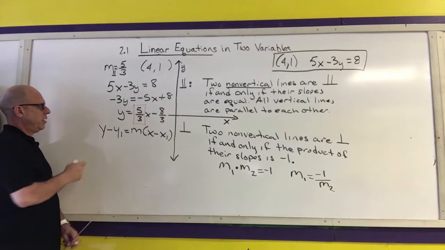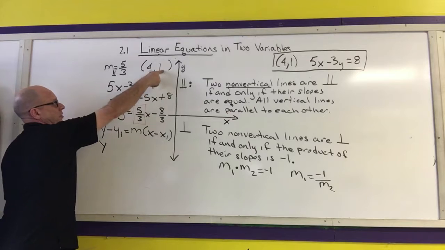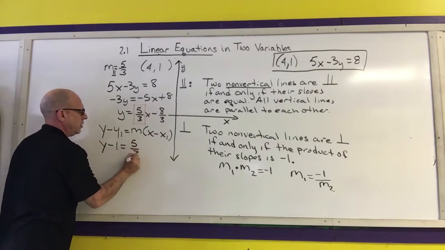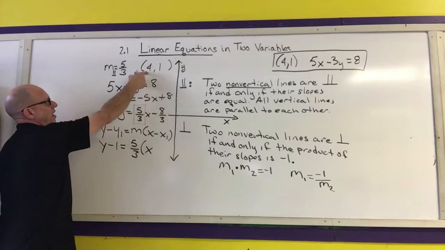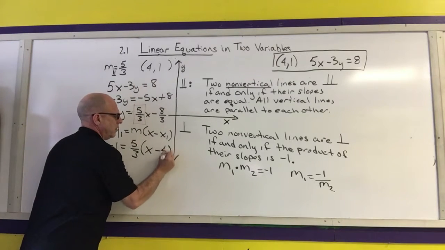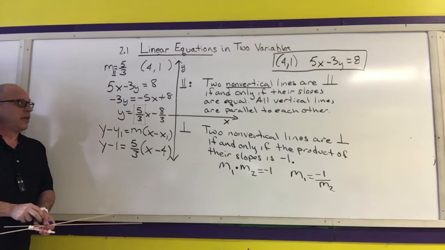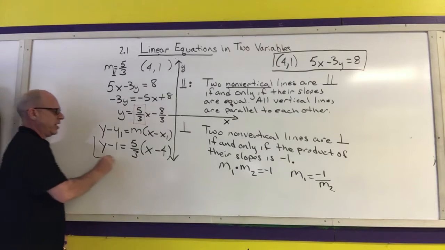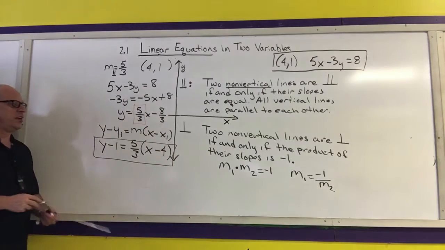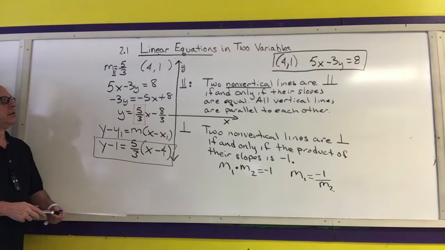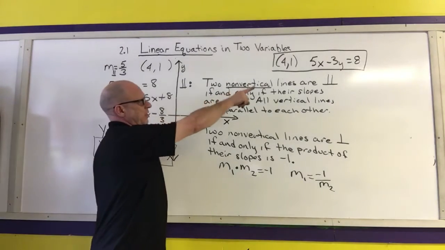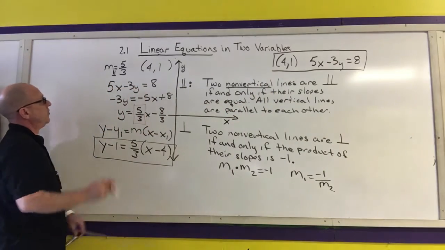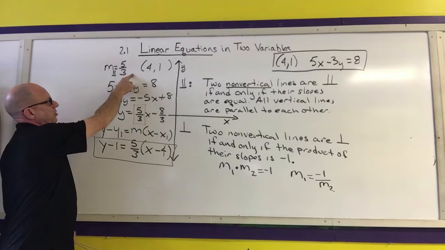So substituting in, I get y minus 1 equals the slope, 5/3, times x minus 4. And the directions did not state to solve it into slope-intercept form, so this right here would be the answer for the equation of a line that is parallel to the line 5x minus 3y equals 8 going through the point (4, 1).